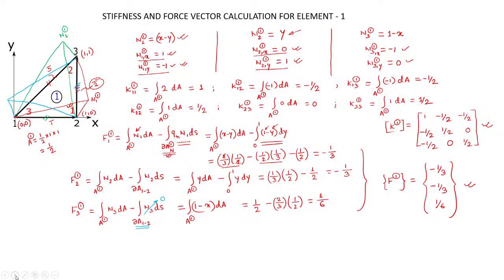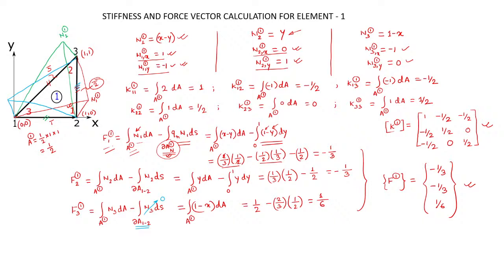I received one doubt regarding the calculation of the first element shown here. If you remember how we calculated, we said that we have to integrate N1 over the given element A1, and q1 times N1 we have to integrate only over the Neumann edge, the edge where the Neumann boundary condition is specified.